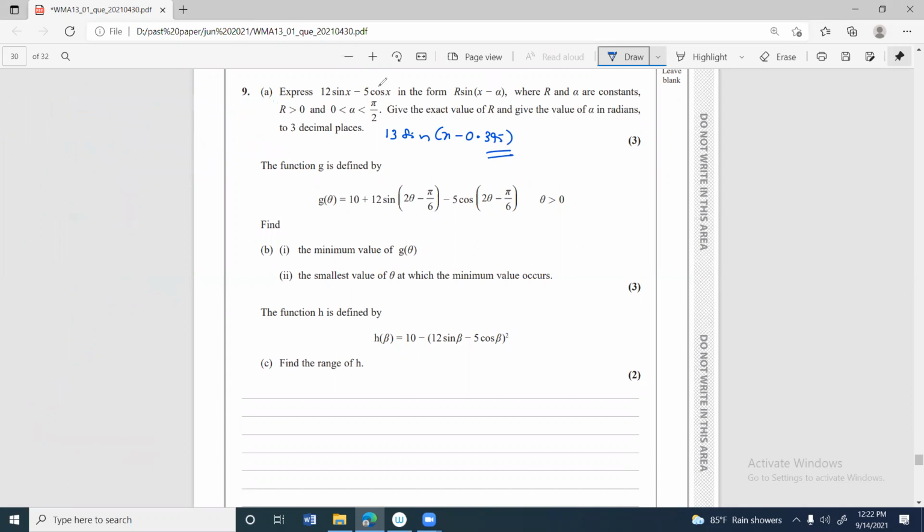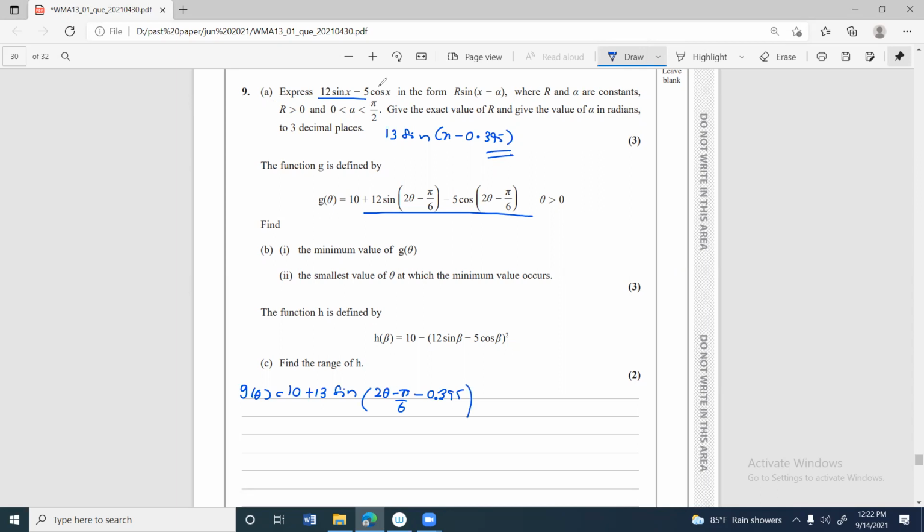The function g is given this way. Obviously, you can see the same similarity here, where the x is replaced with 2 theta minus pi by 6. Then instead of this, can't you write g theta is 10 plus 13 sine of 2 theta minus pi by 6 minus 0.395?